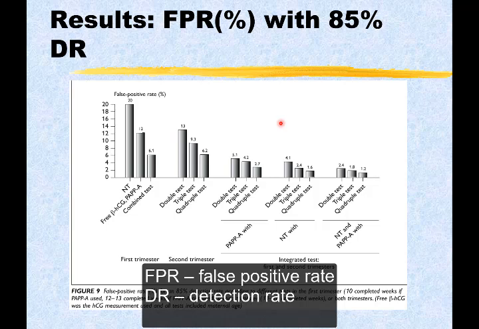But if we only do, for instance, the NT, nuchal translucency sonography, as some OBGYN experts do, it has a 20% false positive rate. As we include more testing, like double test, triple test, quadruple test, along with PAPP-A, we reduce the false positive rate.